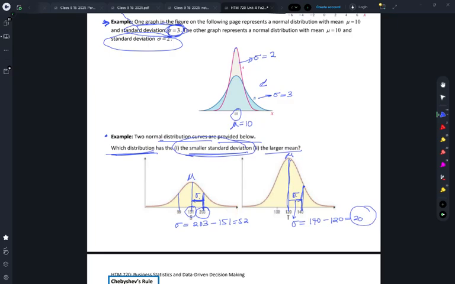Obviously, it is distribution T that has the smaller standard deviation. And which one has a larger mean? That is, which one has the larger value in the middle? That will be normal distribution S with a mean of 151, which is definitely greater than the mean of 120 here.